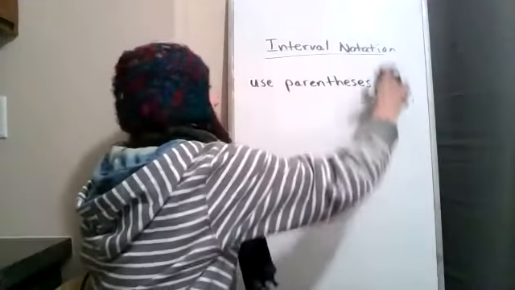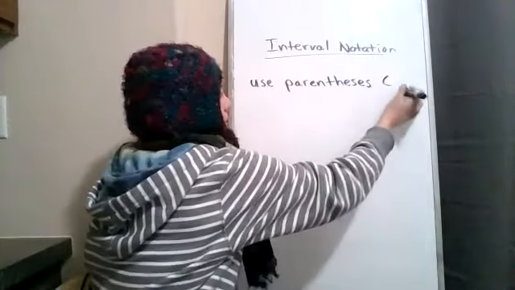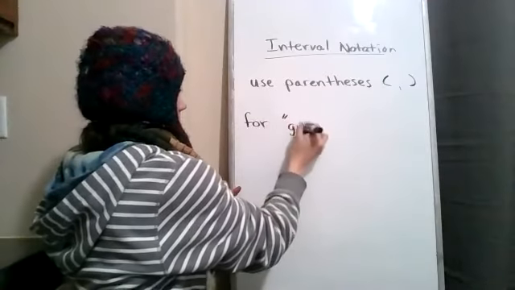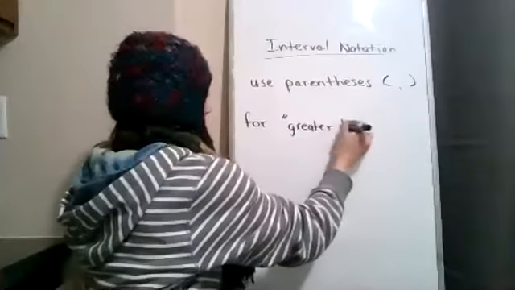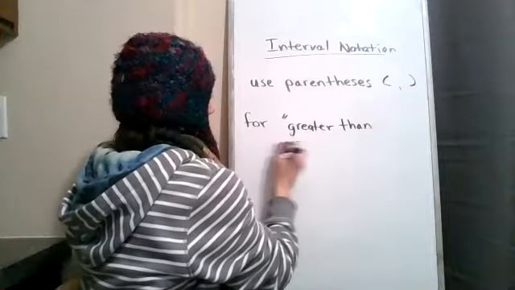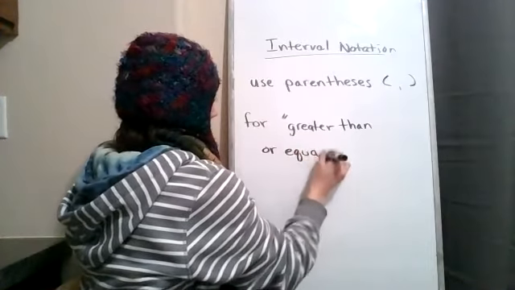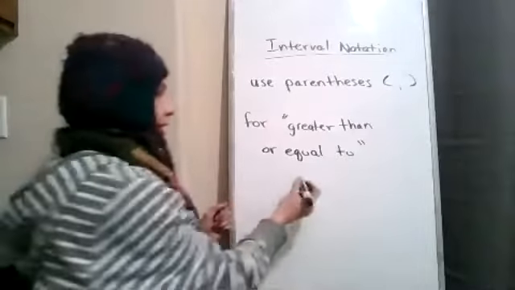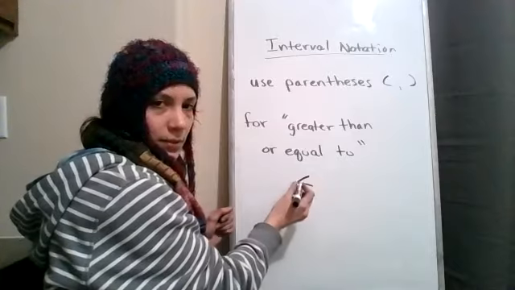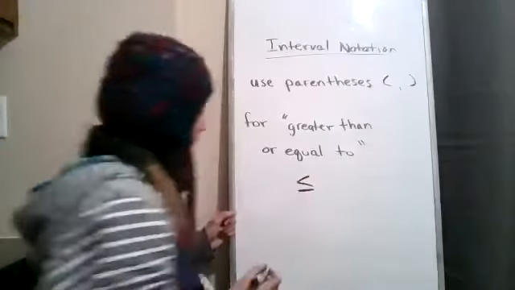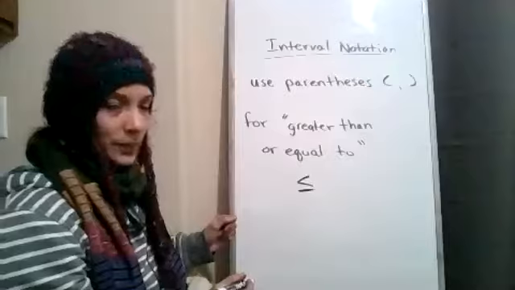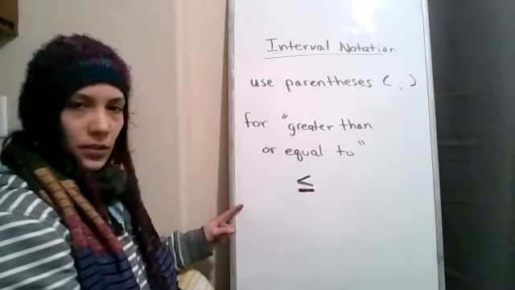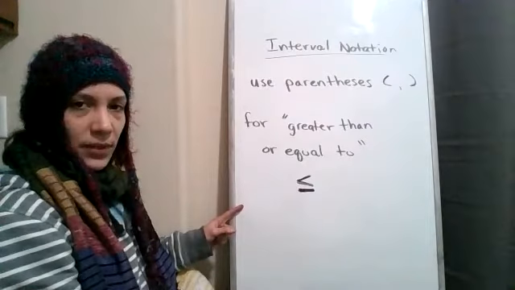Let's put some parentheses, like one of these or one of those. And that symbol is like greater than or equal to. Yeah, cool. Also, you have less than or equal to.